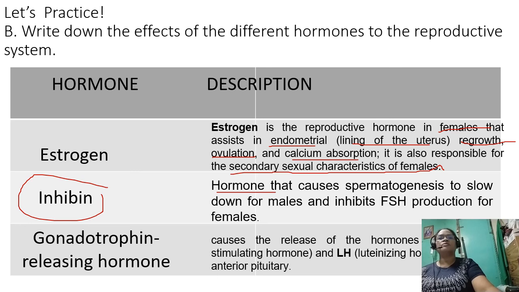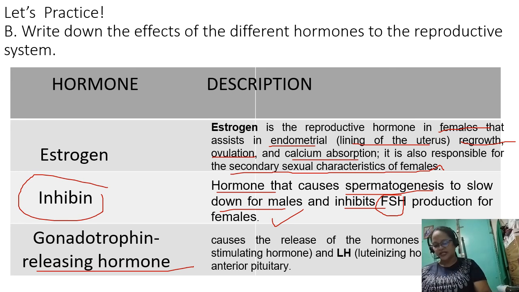These are hormones that cause spermatogenesis to slow down for males and inhibit follicle stimulating hormone production for the females. Then you have gonadotrophin releasing hormone or GnRH. This causes the release of the follicle stimulating hormone and the luteinizing hormone or LH from the anterior pituitary. Very good.